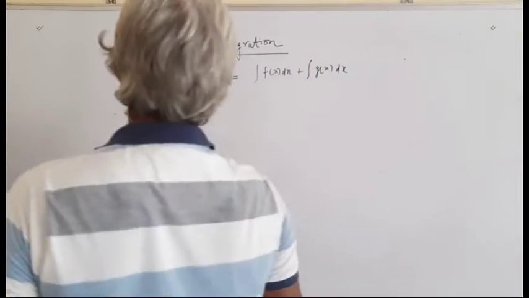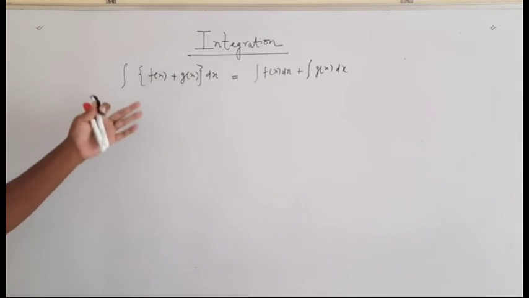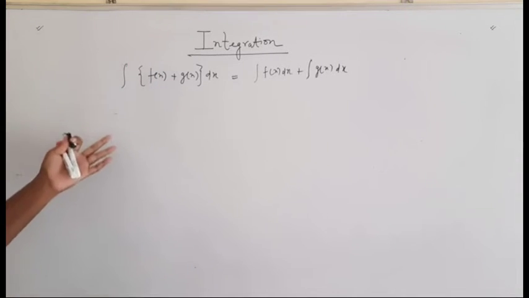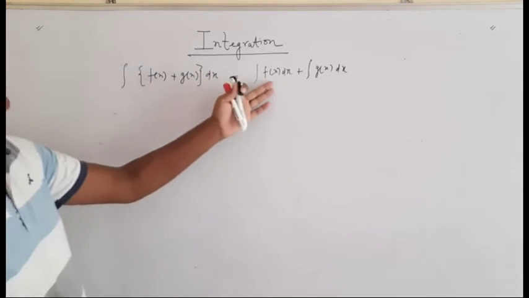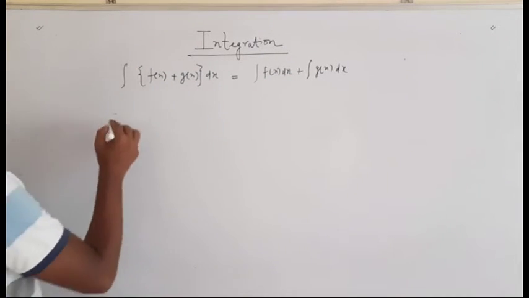It means when you are asked to find the integration of a function which is the sum of two or more functions, then you find their respective integrations and simply add.